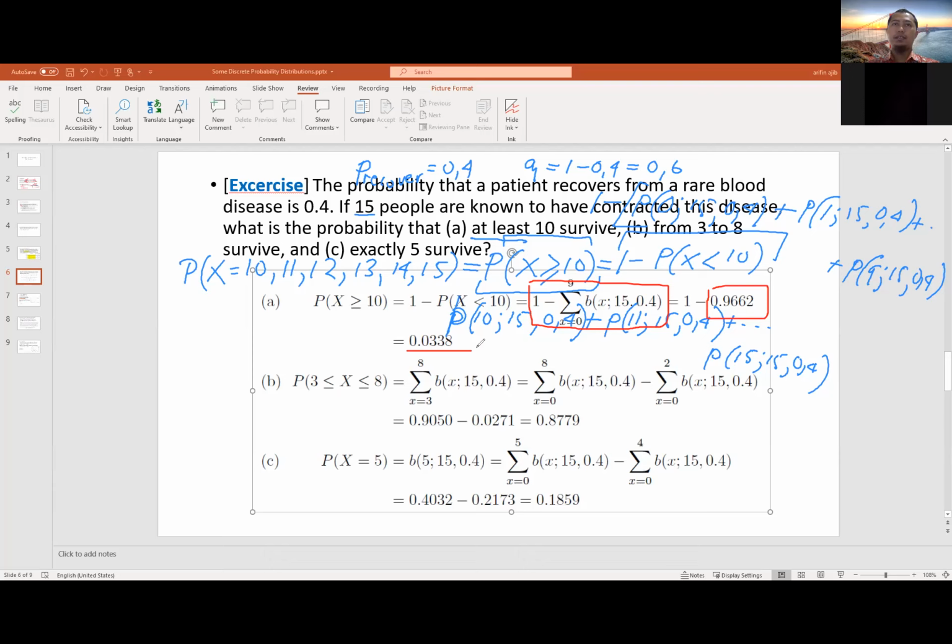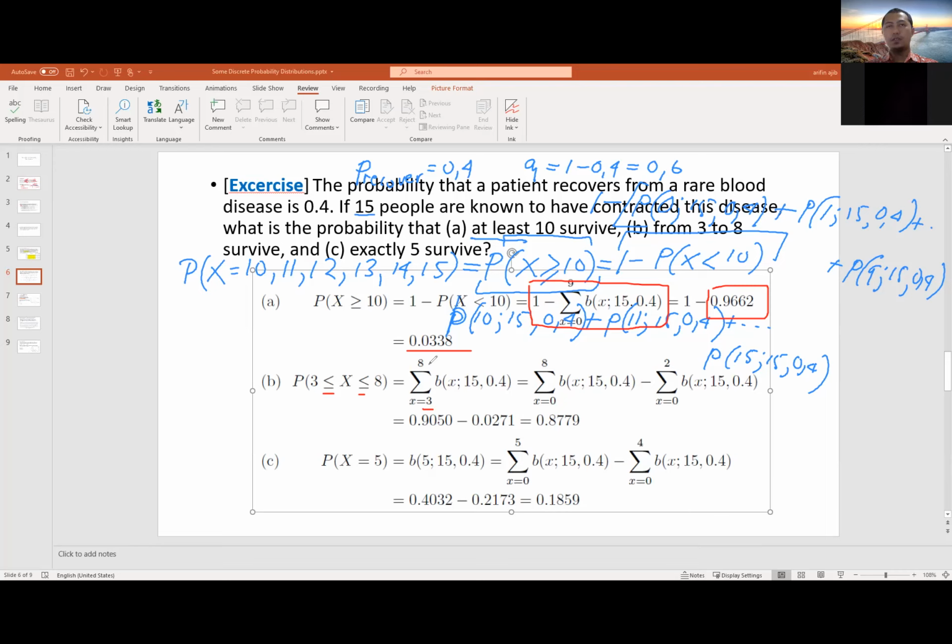Then for the probability from 3 to 8, mathematically, please notice here, this is 3 to 8. It means greater than or equal to 3 and less than or equal to 8. In this case, we compute like this.